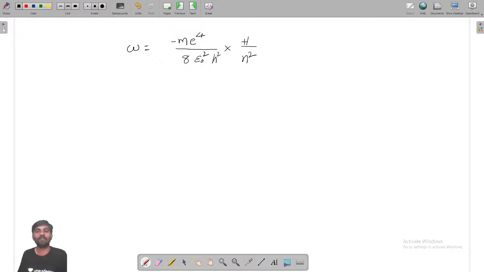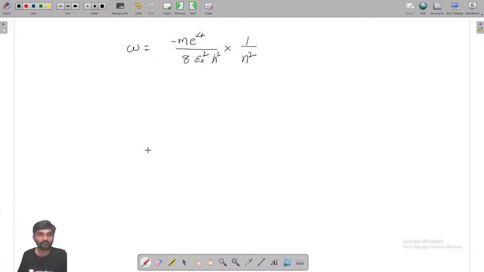Why I have separated 1 by n square is that for an electron all these are constants: m is the mass of the electron, e is the charge of the electron, epsilon naught is known, and h is Planck's constant.